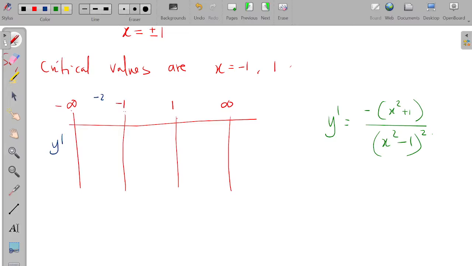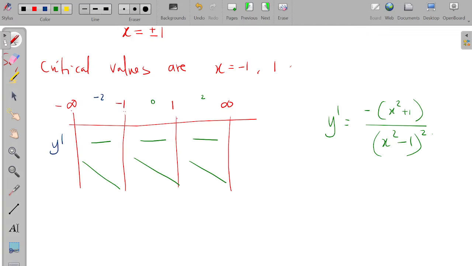If you put that there, you are going to get negative. So within this range, the derivative is negative, which means it's decreasing. If you pick 0 in the next range, it will also give you a negative, so it's also decreasing. If you pick 2 within the last range, it will also give you a negative.